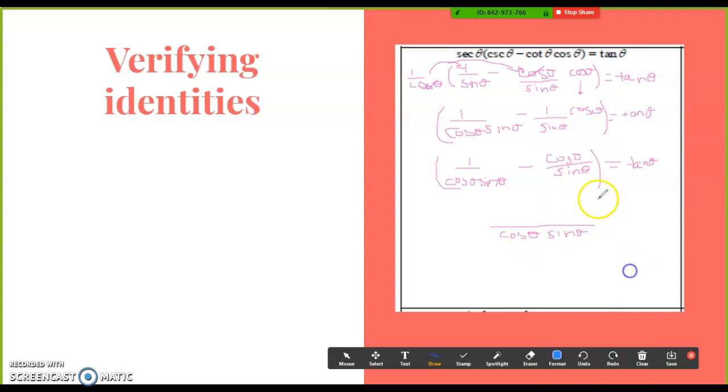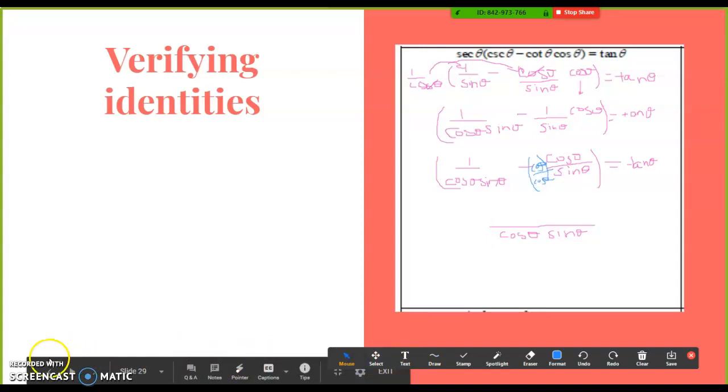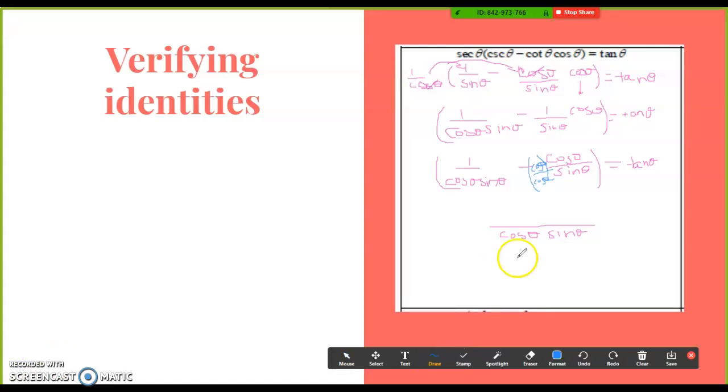So I'm going to go ahead and multiply both numerator and denominator by the cosine of theta. Okay, once I do that, I end up with 1 minus, and the numerator over here would be cosine squared of theta. Okay, again, this is equal to tangent. We're trying to get it equal to tangent.